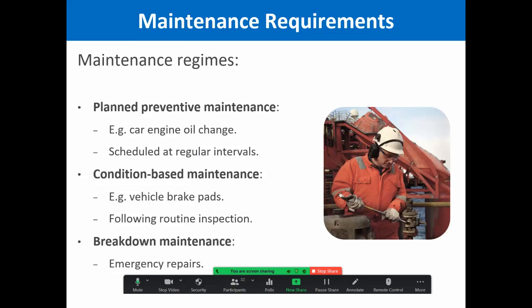Planned preventive maintenance is very important for certain equipment because after a certain period of time, some components of a machine or an equipment need replacement. Okay, and if you don't replace it, it can put the equipment at risk.